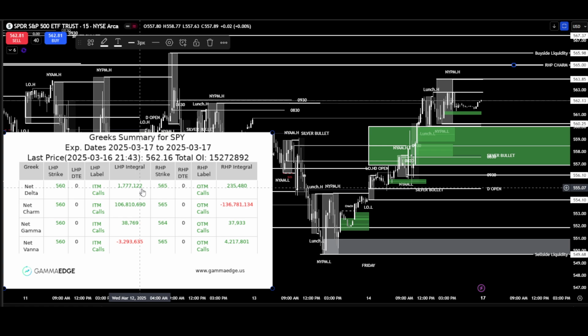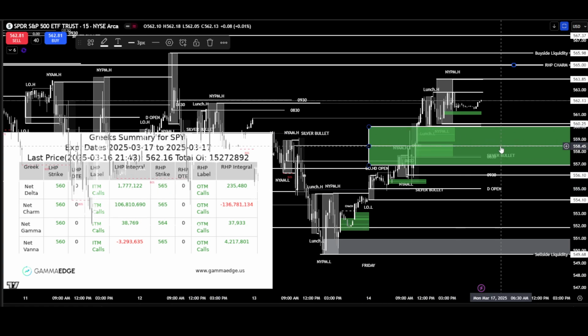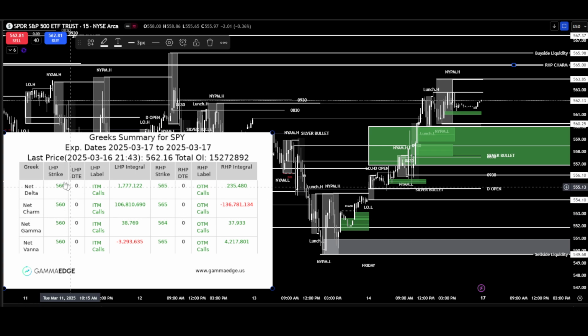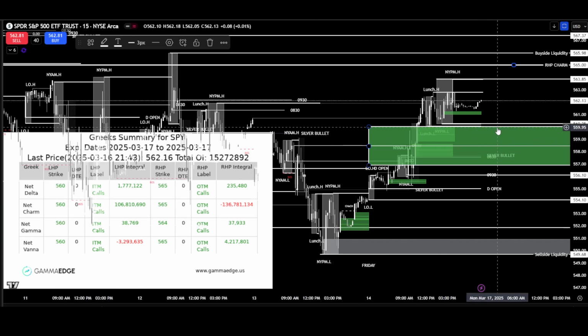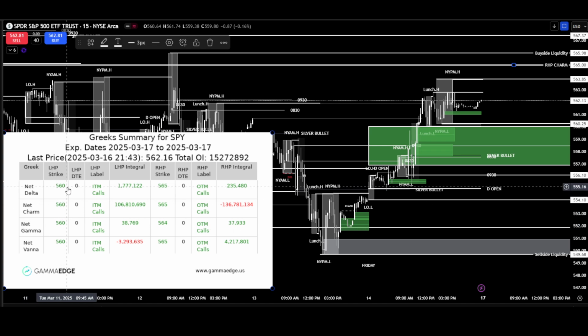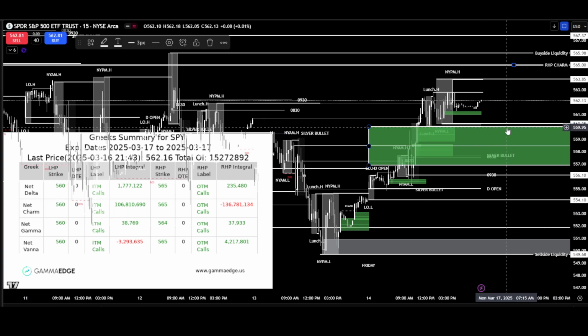Now, nothing says that we can't overshoot that by a little bit. Again, we got that consequent encroachment down here, but 560 should hold us based on our gamma levels, because it's delta, charm, and gamma all in one. So if we see price come down here and have a reaction where we're bouncing off of it, we may never actually come back down into this fair value gap.